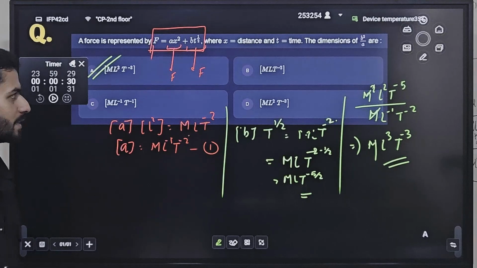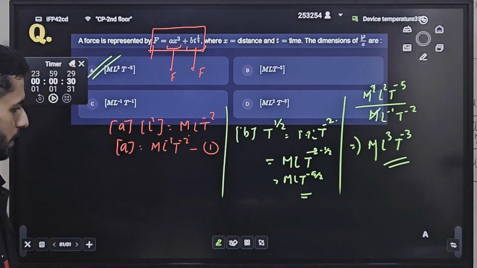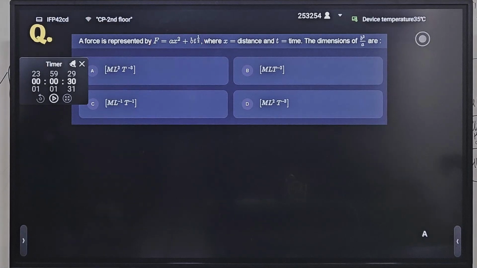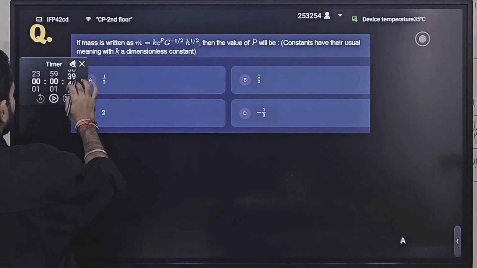Clear? How to analyze? Now I guess after solving this many questions, you have understood how to analyze this dimension. Solve this question also. Take 45 seconds.